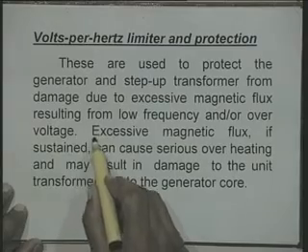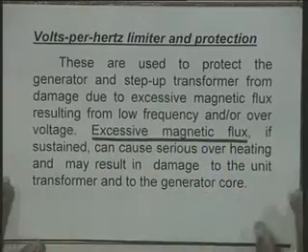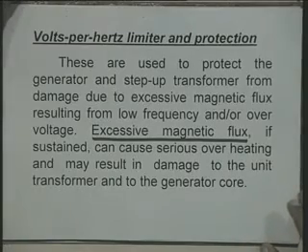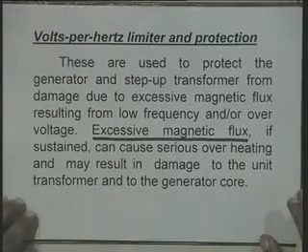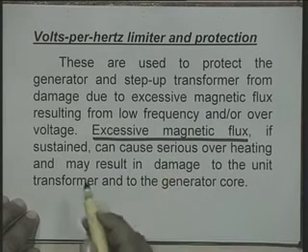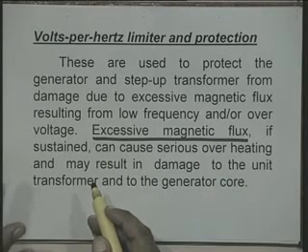Basically, this is provided to safeguard the generator from excessive magnetic flux. Not only the generator, the transformer which is connected to the generator is also affected when the V by F ratio is more than a certain value.